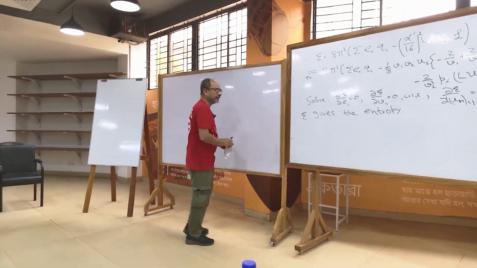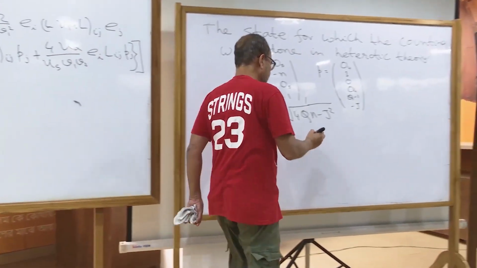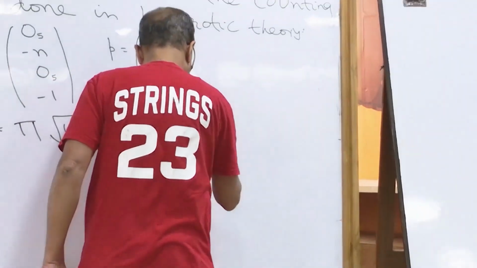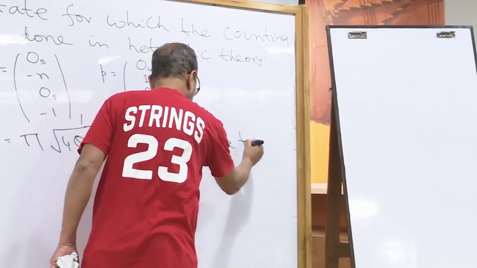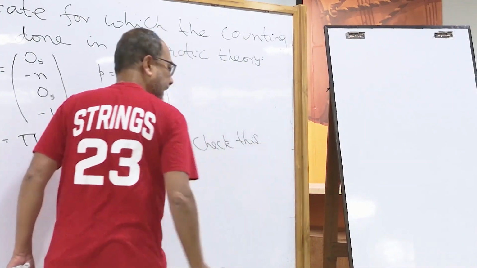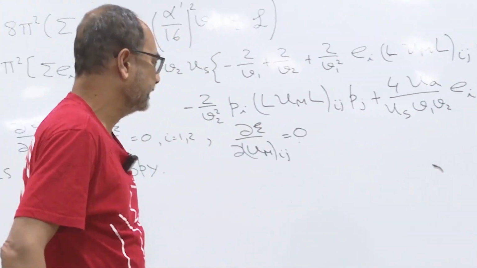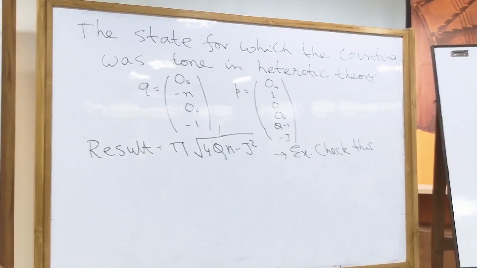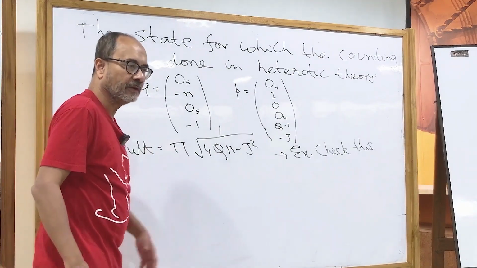This one, in fact, I can leave as an exercise, because this is just a classical extremization problem. We have these things for fixed Q and P, we extremize with respect to every other variable, and then just see what E evaluates to.